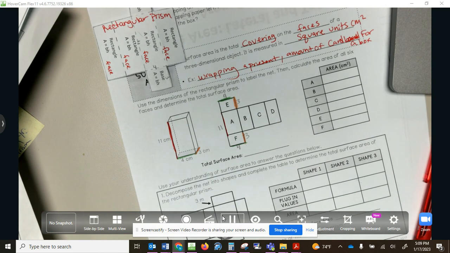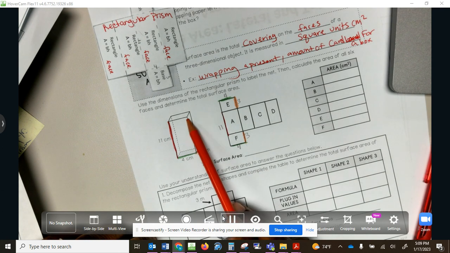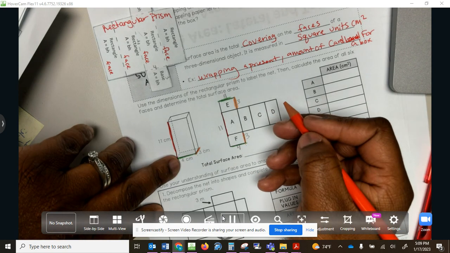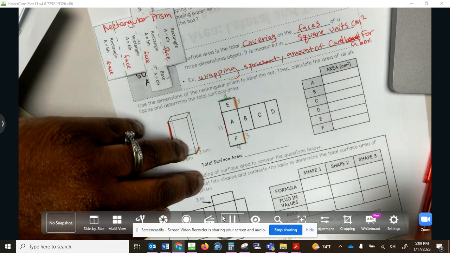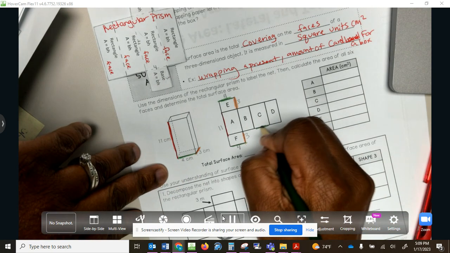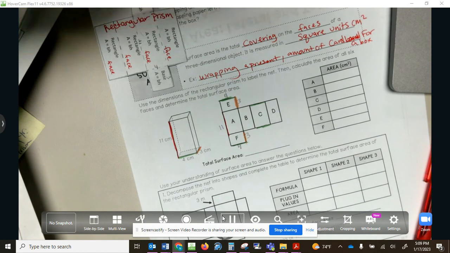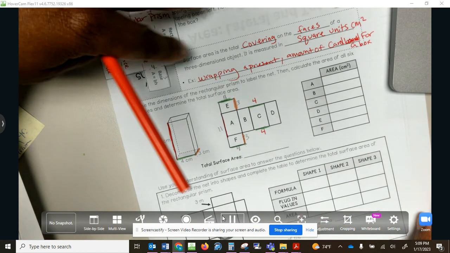But in reality, if my 3 is there, my 3 is also represented on the sides, the shorter sides. And if my 4 is here, my 4 also has to be represented here. So this will be 4, 4.